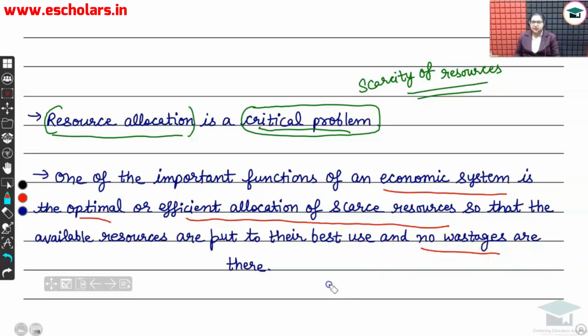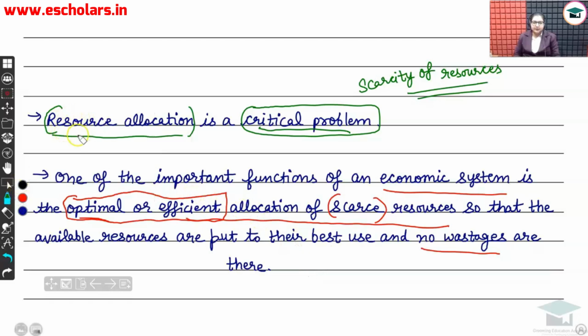That is, the resources of the economy which are scarce in nature should be utilized in an optimal or efficient way. That is, in a best way. So there should be optimal allocation of scarce resources, or you can say best allocation of scarce resources.